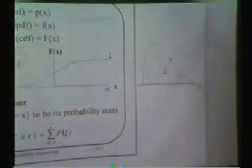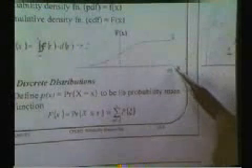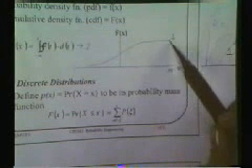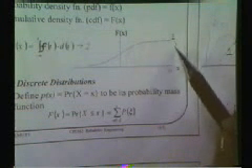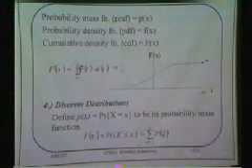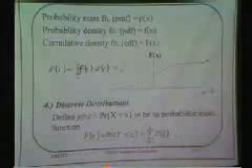Always sum up, so the value would be increasing. So when x is approaching infinity, F(x) would be approaching 1. So later on we are going to see what's the relationship between these functions and reliability.